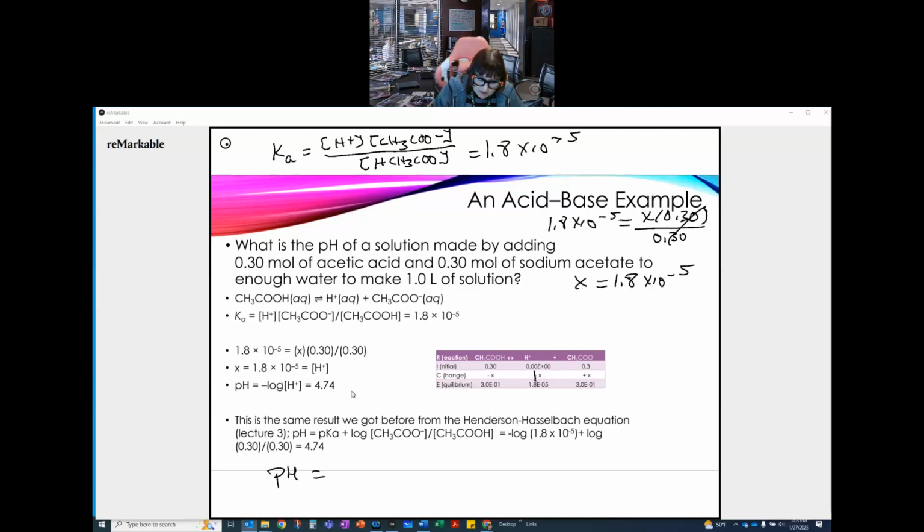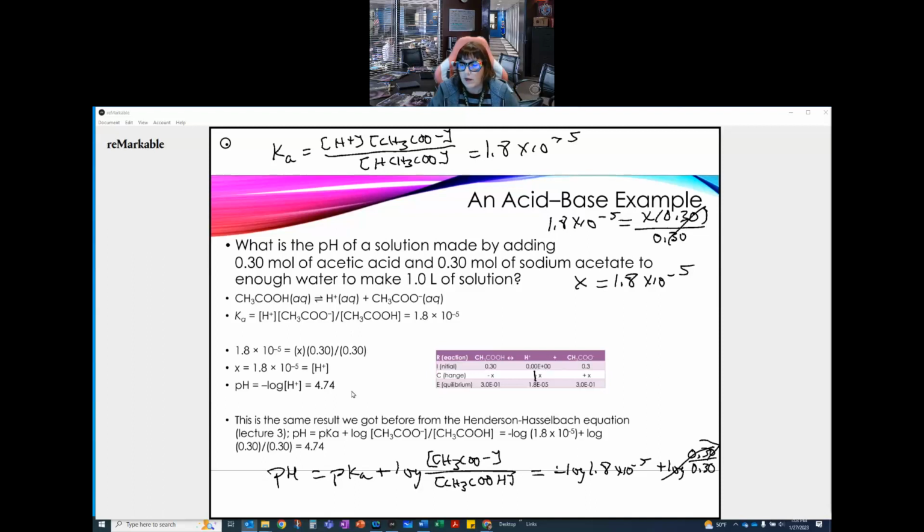Again, it doesn't look great on this. So pKa plus the log of the CH3COO minus over the CH3COOH. And of course, since both of those are equal, that means we're going to take the negative log of the Ka, the 1.8 times 10 to the minus 5th, plus the log of 0.30 over 0.30.